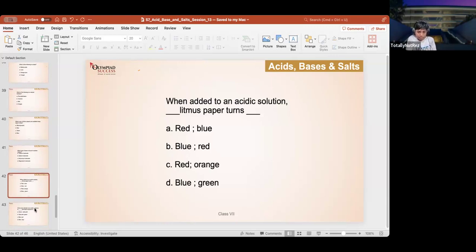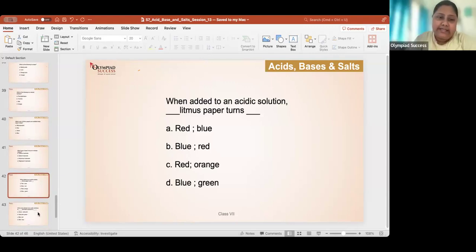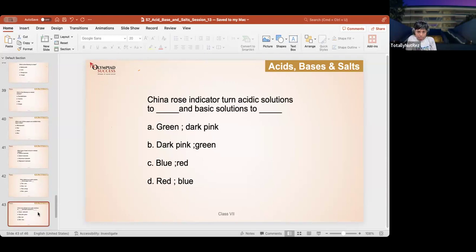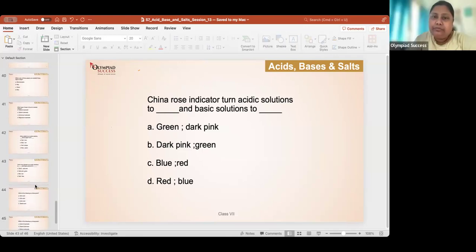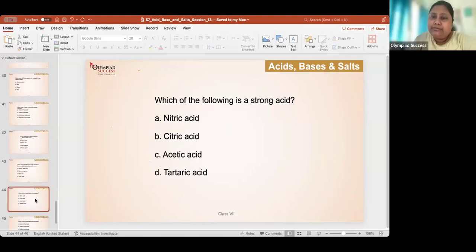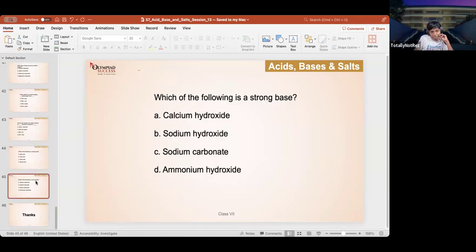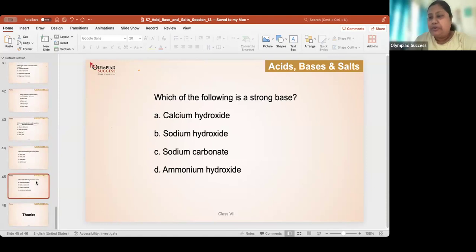B. Blue litmus paper turns red. Yes. Next. Acidic solutions... B. Next. Nitric acid. Yes. Sodium hydroxide. Very good.